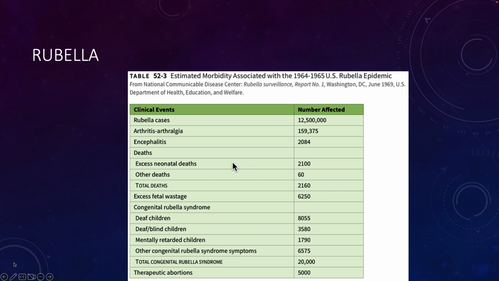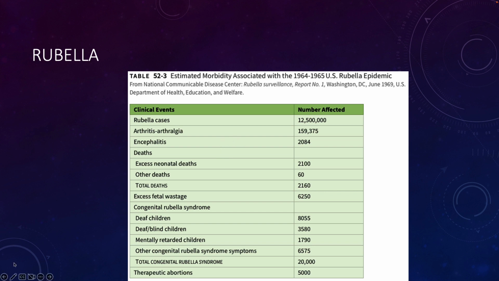But the numbers we're looking at here under deaths: there were 2,160 deaths. The majority of those were neonates. Only 60 out of 12.5 million patients, infant and older, died of rubella. Instead, we're looking at those excess fetal deaths, the neonatal deaths.